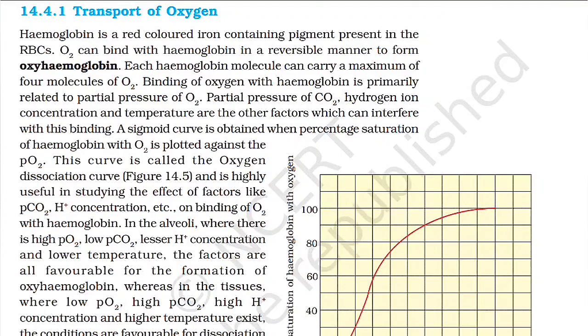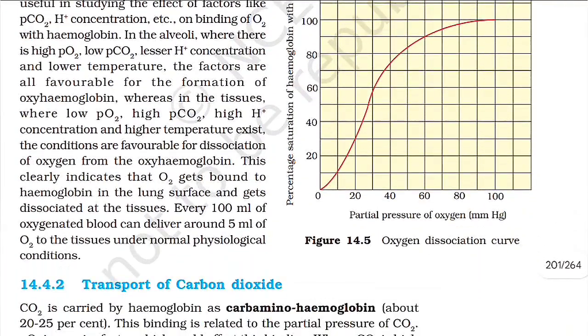In the alveoli, where there is high partial pressure of oxygen, low partial pressure of carbon dioxide, lesser hydrogen ion concentration, and lower temperature, the factors are all favorable for the formation of oxyhemoglobin, whereas in the tissues, where low partial pressure of oxygen, high partial pressure of carbon dioxide, high H plus concentration, and high temperature exist, the conditions are favorable for dissociation of oxygen from the oxyhemoglobin.